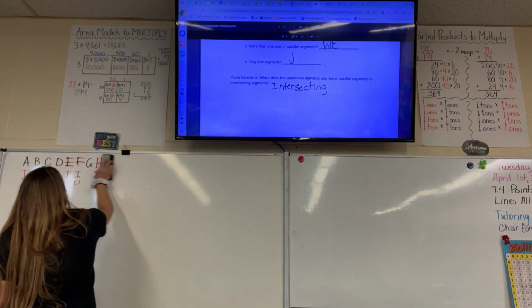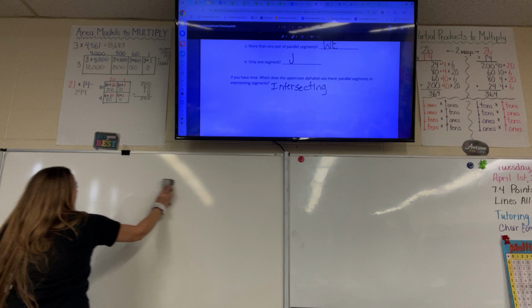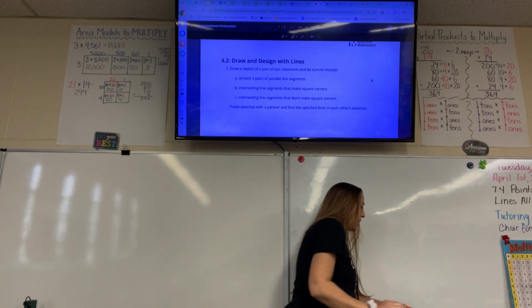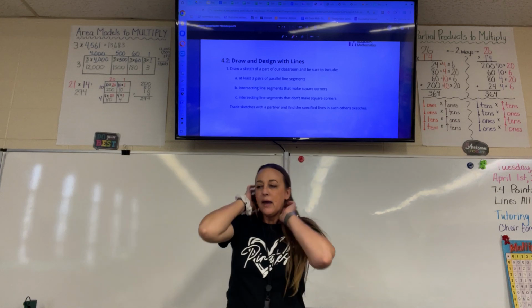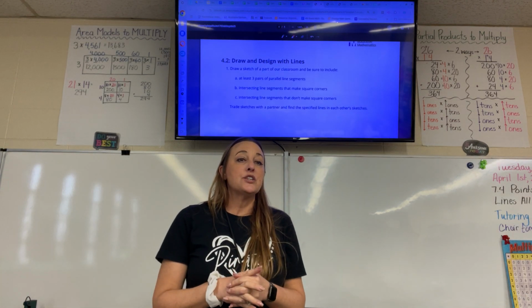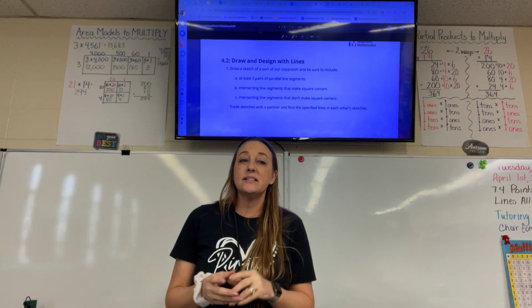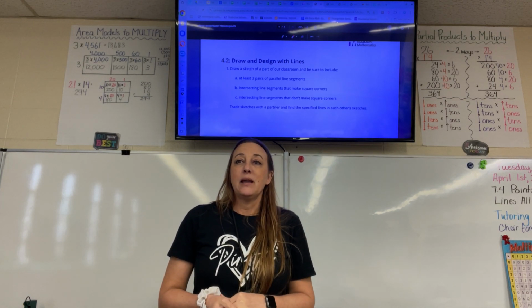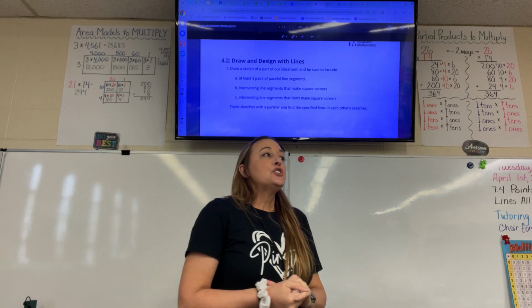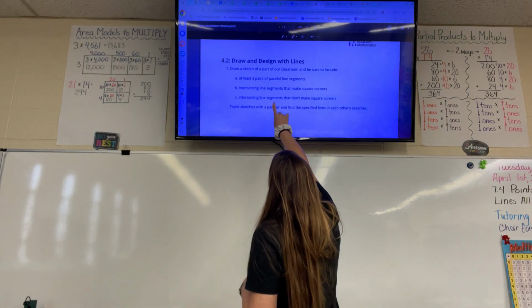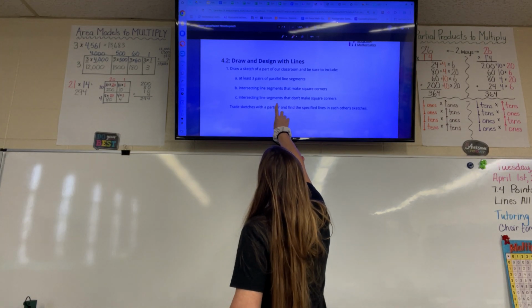All right, next page. Draw and design. So I'm getting ready to turn off the video after I give you instructions. So the rest of today's lesson is going to involve drawing. You're going to draw a sketch of part of our classroom.